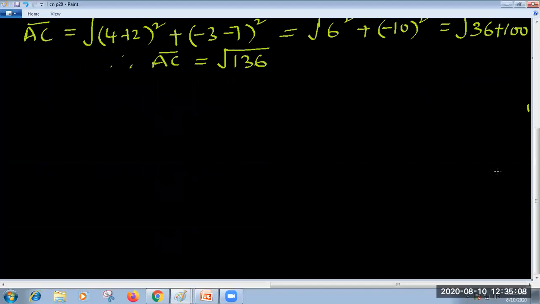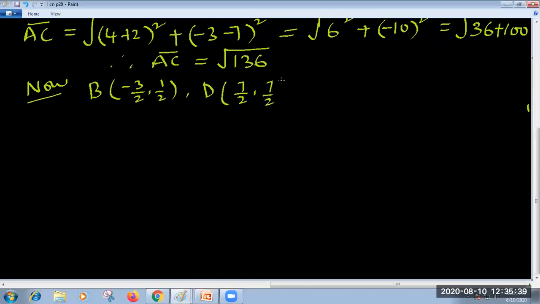Another diagonal BD. Now take the points B and D. B is (-3/2, 1/2) and D is (7/2, 7/2).